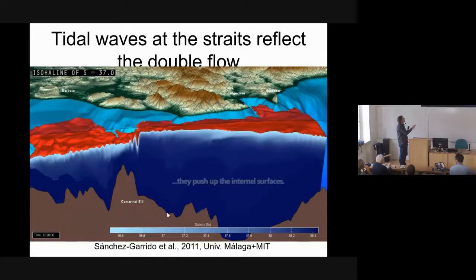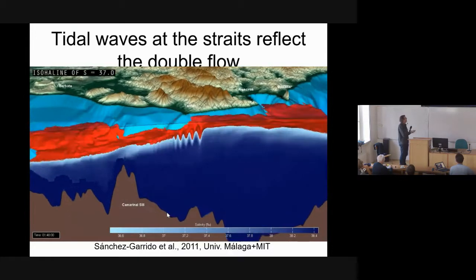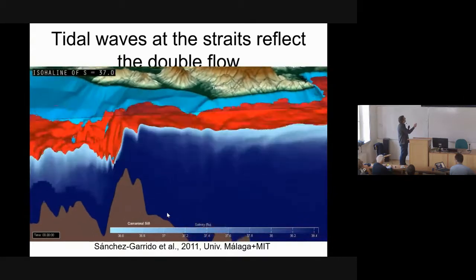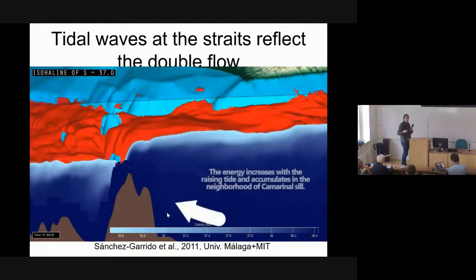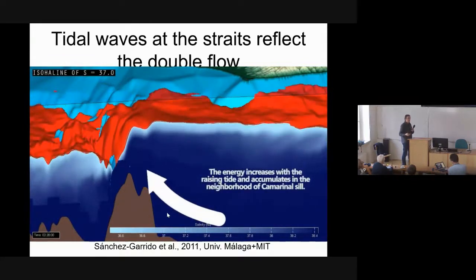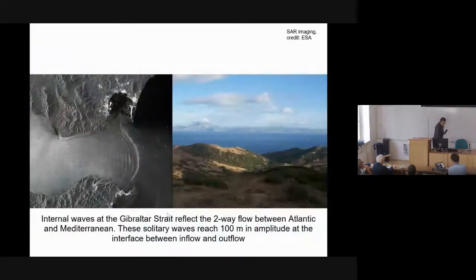And you see that at each tide in this configuration, this spilling of water caused by the high tide in the Atlantic side is impeding the outflowing waters, the deeper, denser, more concentrated waters from the Mediterranean, to get out of the sea. You can see the interaction of these two layers of water on the surface in satellite images, and if you are lucky enough, you can even see it from the Strait of Gibraltar itself.